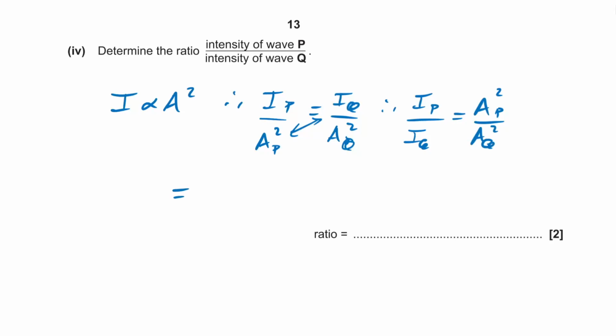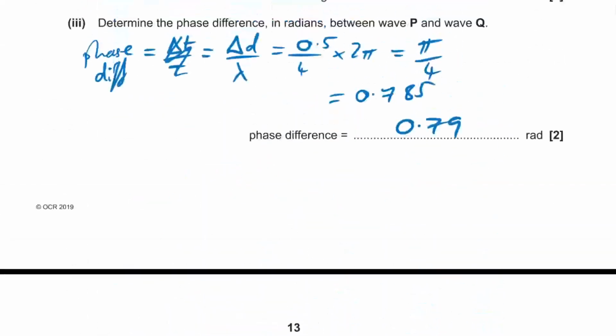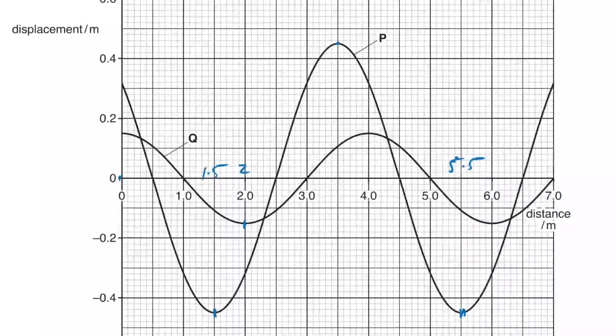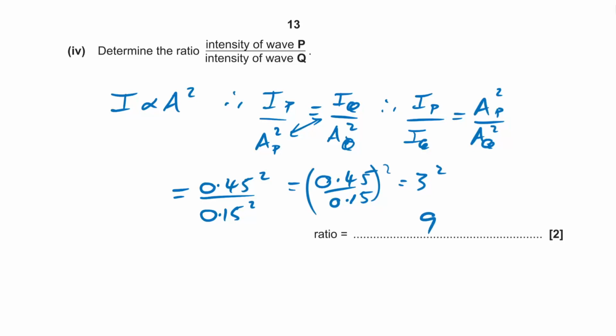So that's equal to, what do we say it was for P? 0.45. And for Q, it looks like it's 0.15. And of course we can just do all of that squared. Oi oi, it's not just 3 squared. Ah, don't even need a calculator.